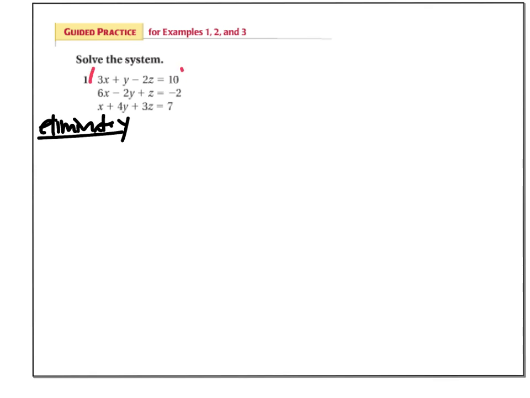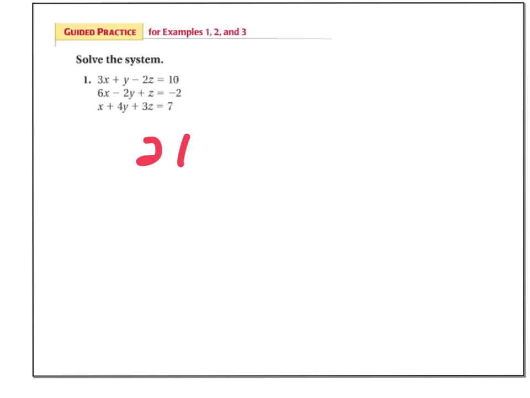So for now I'm going to take equation 1, and I will get 6x plus 2y minus 4z equals 20. And then I'm just rewriting equation 2, which is 6x minus 2y plus z equals negative 2.